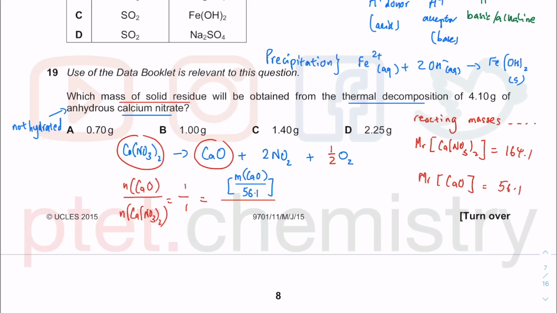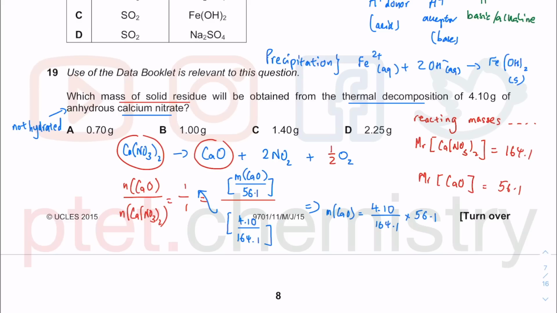At the bottom, I will also have the reacting mass, which is 4.10 gram divided by the Mr, which was 164.1. Now rearrange your equation and make the mass of calcium oxide the subject. So you get 4.10 divided by 164.1, you multiply by 1/1, which is just itself, and then you bring up the 56.1 to the other side, and I get multiplied by that.